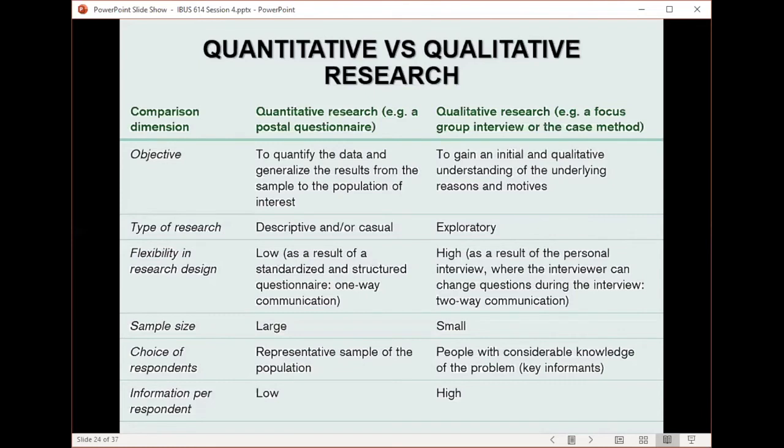Now, in terms of flexibility in research design, quantitative research has very low flexibility because by virtue of the nature of the process and how data is collected, you have little room to change how you are gathering the data or the form that the data comes in. Because already you go to the field with a prepared survey or questionnaire, and people are given a set number of questions with a number of response options.